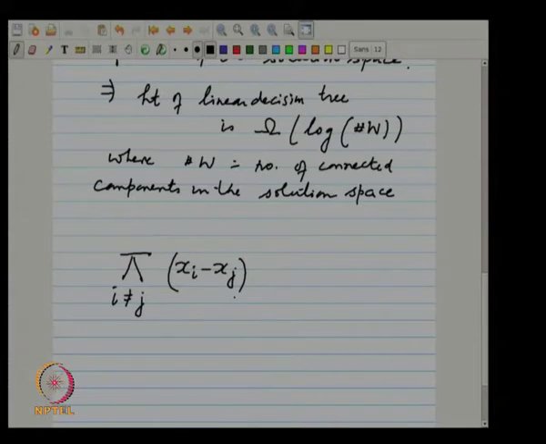So, what is this? Equal to 0 if and only if the answer is, how many? Forget about n square. Does it compute any linear inequalities at all?